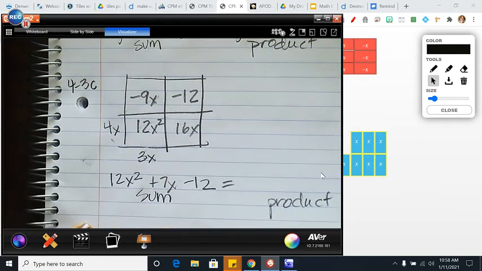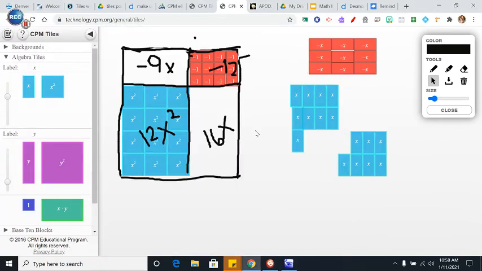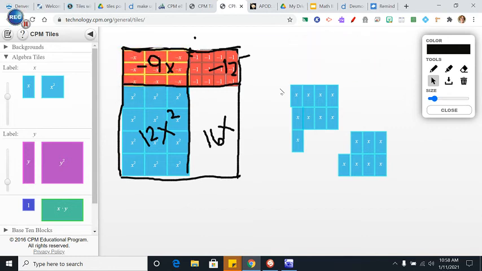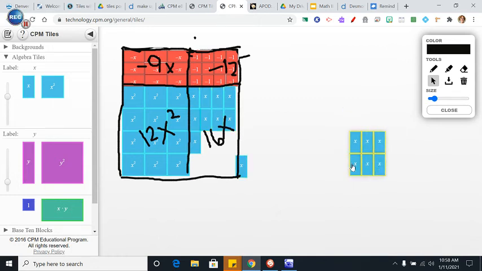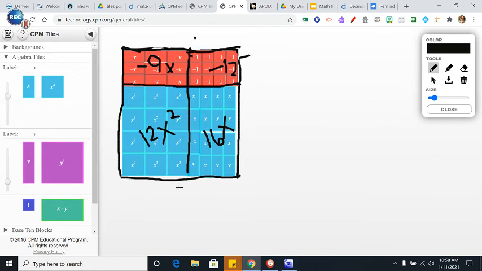Now, if you use the tiles, you can see that. So let's move these back over here. So if I am using tiles, then I can just say, okay, what's the length of this side?